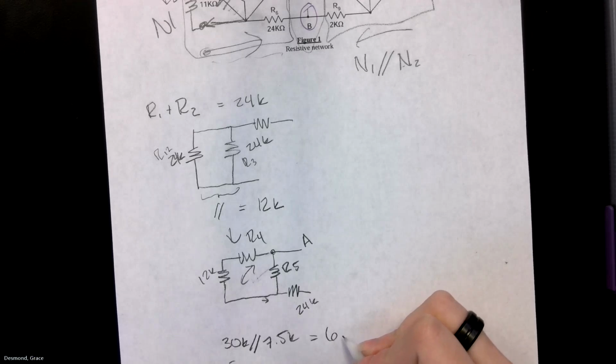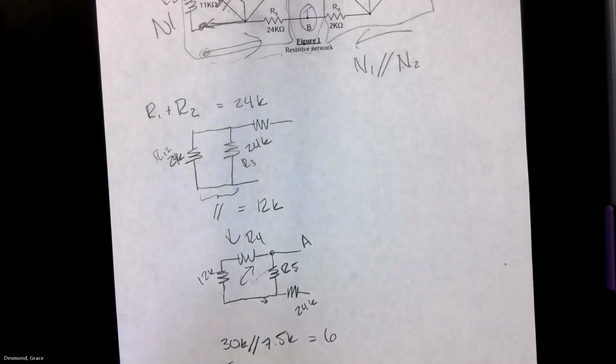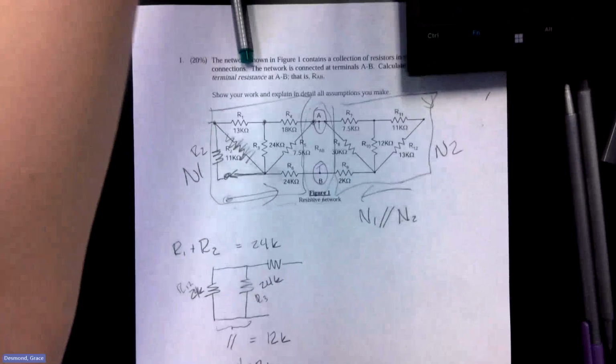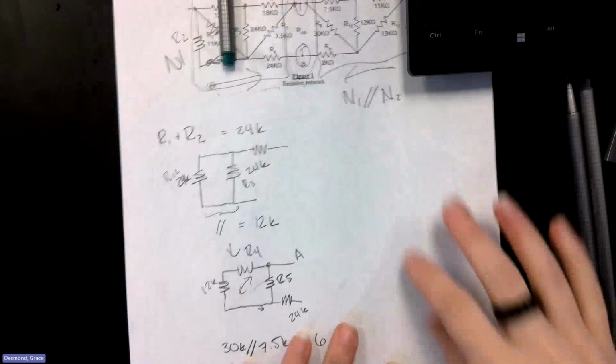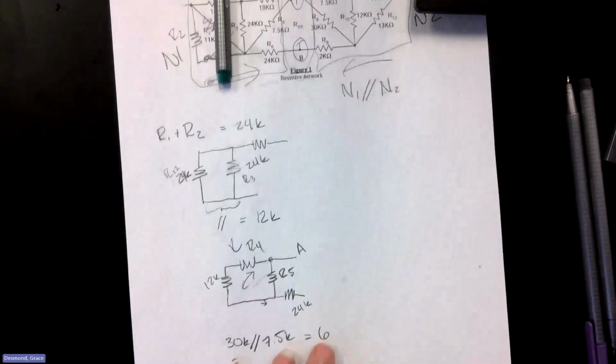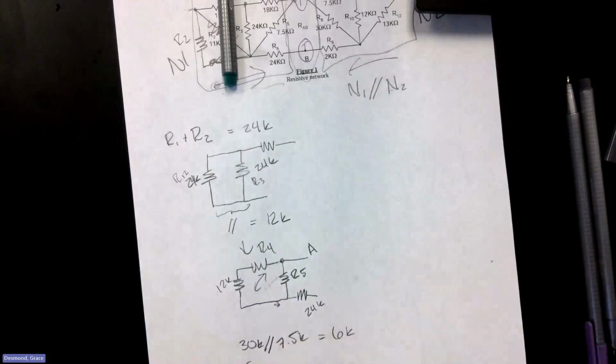Yeah. Just straight up 6. Cool. 6K. Don't forget to keep your Ks on there, by the way.